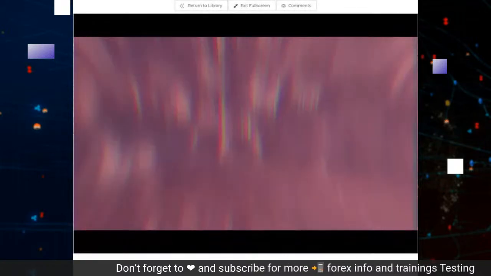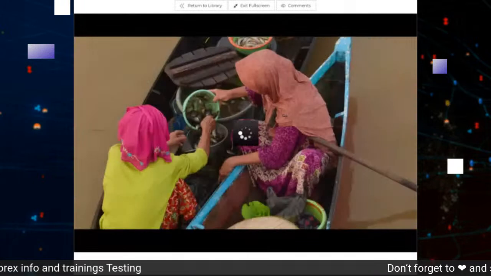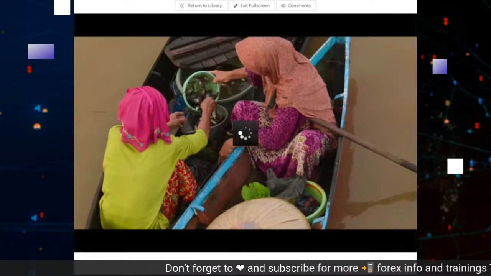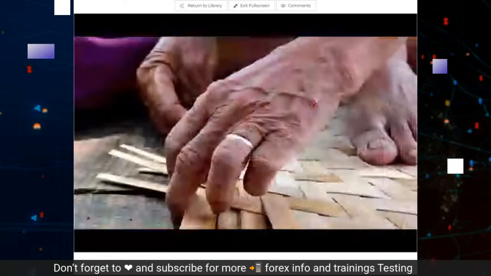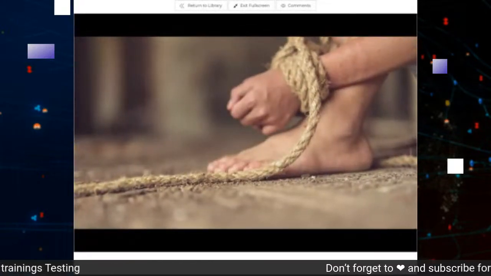The bartering system existed in a time where there was no money system, and people traded goods and services such as livestock, skills, talents, salt, and even people.